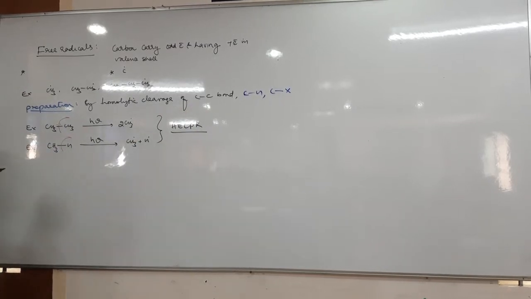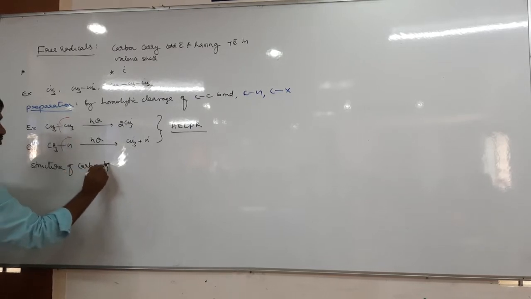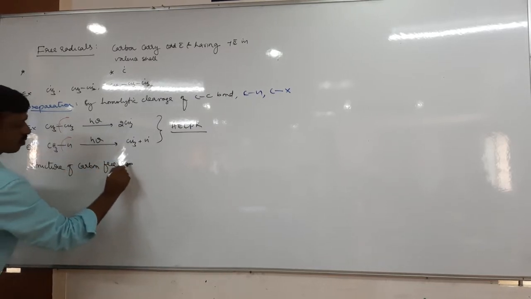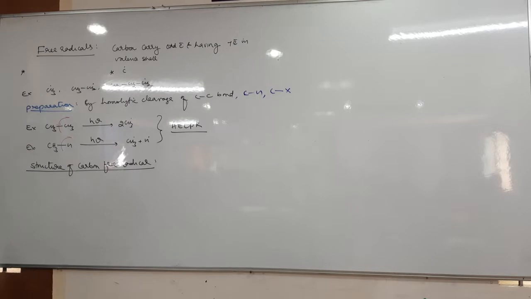Next is structure. So what is the structure of the carbon free radical? Generally, the structure of a carbon free radical is not fixed, not predicted.